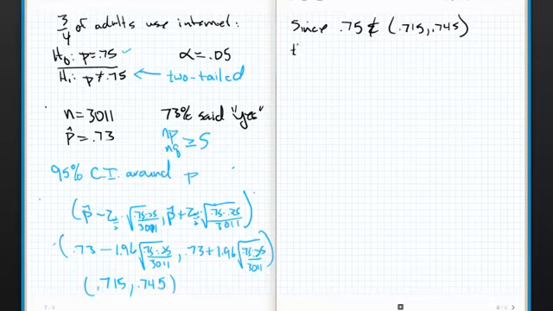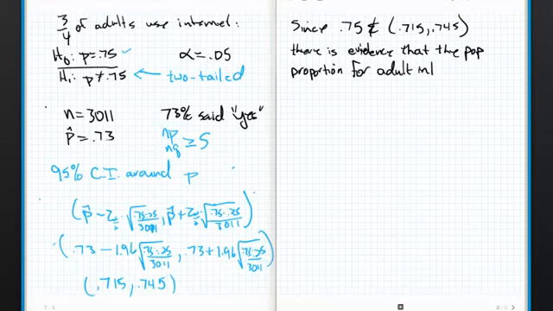There is evidence that the population proportion for adult internet users isn't 0.75. Now, why do we get to say that?